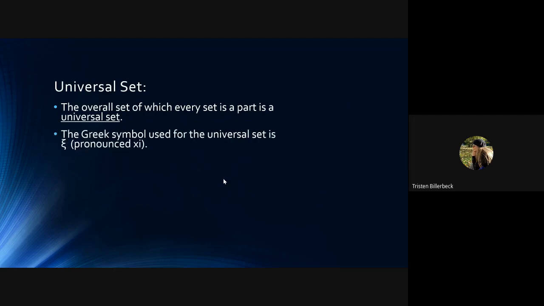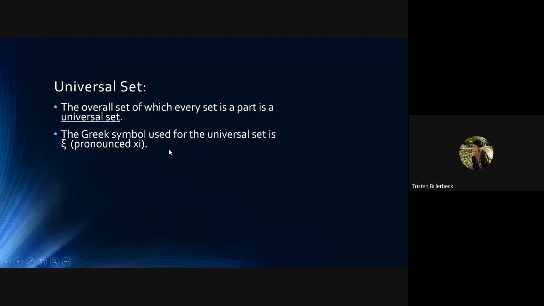So let's talk about a universal set. The overall set of which every set is a part is a universal set. The Greek symbol used for the universal set is psi. Okay, I think I'm pronouncing that one right.